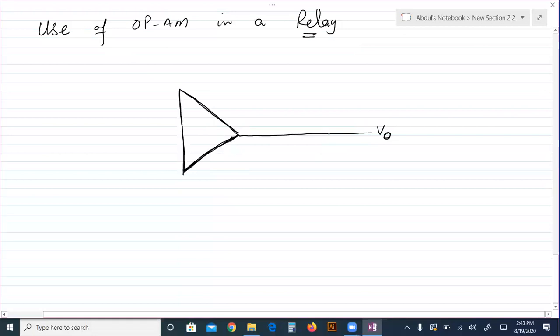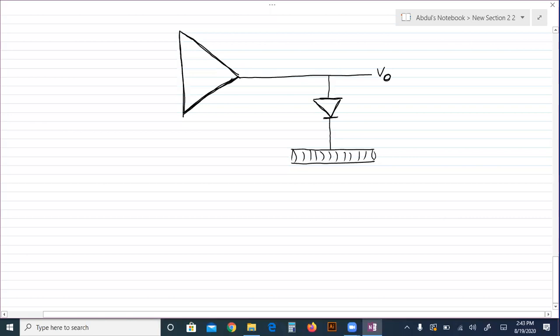And one diode is connected with this output terminal. It's not an LED, it's a diode. And then the diode is connected with a coil. This is the winding of the wire.